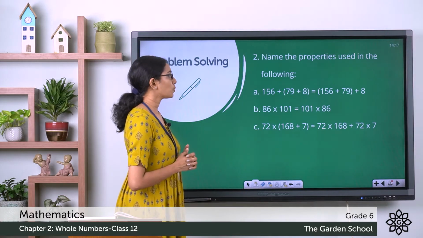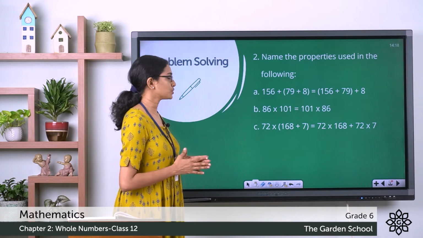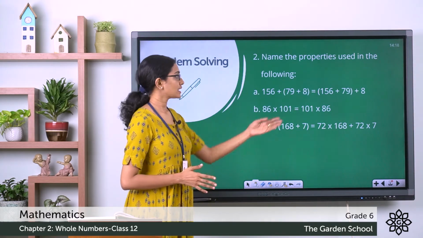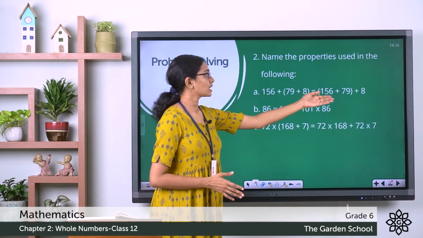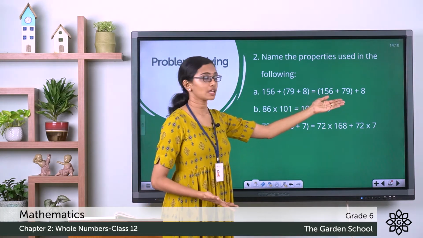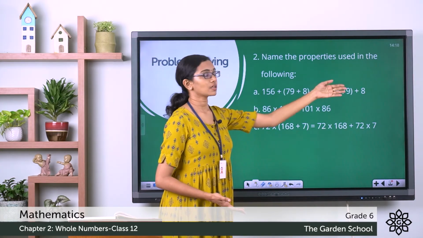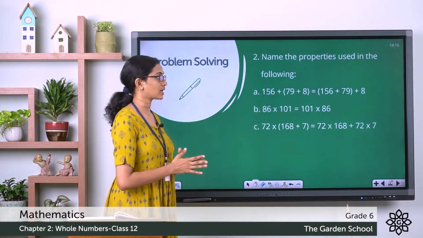The first one, 156 plus 79 plus 8 is equal to 156 plus 79 plus 8. See here the grouping is between 79 and 8, whereas on the right hand side the grouping has changed. The grouping here is between 156 and 79. So the association has changed on the right hand side.